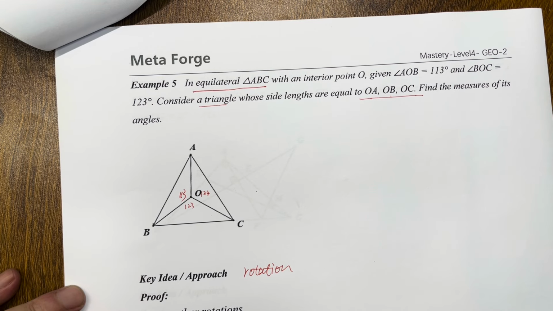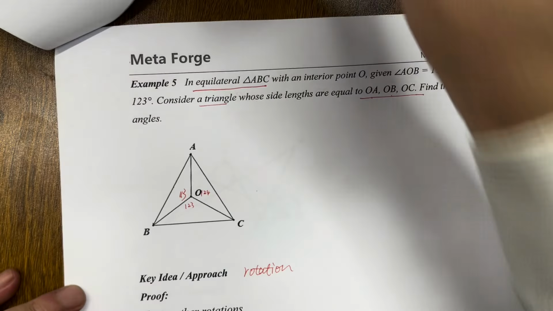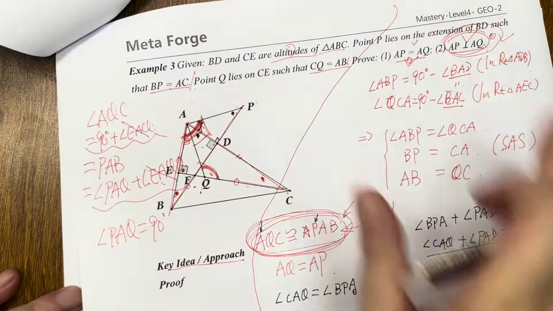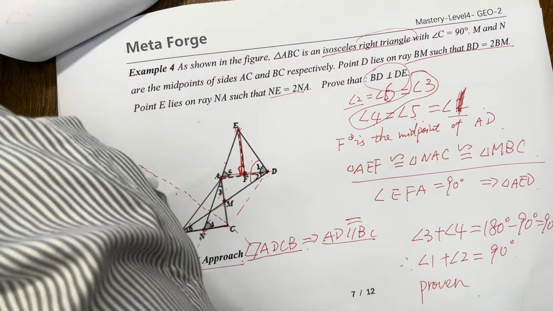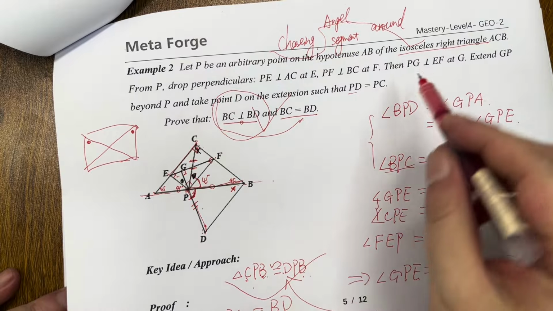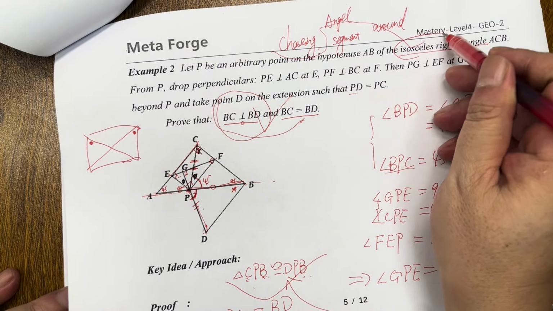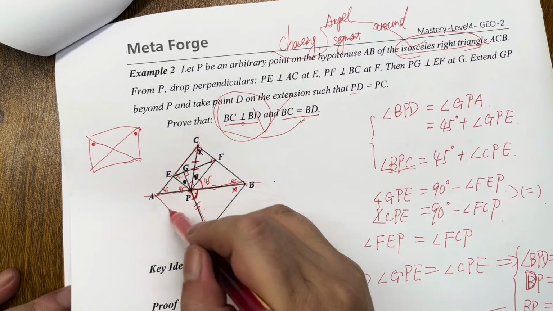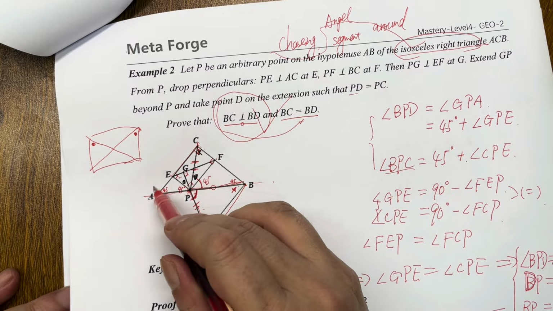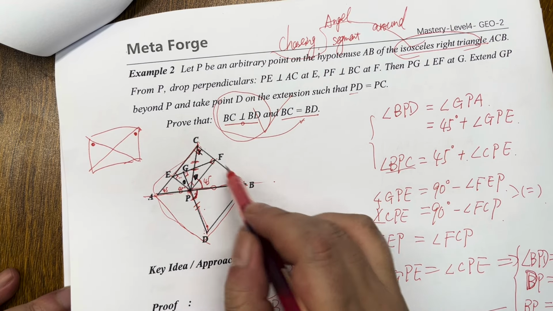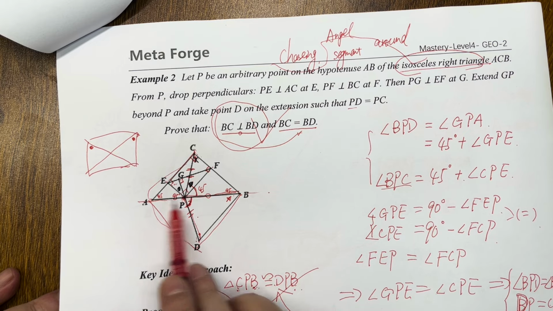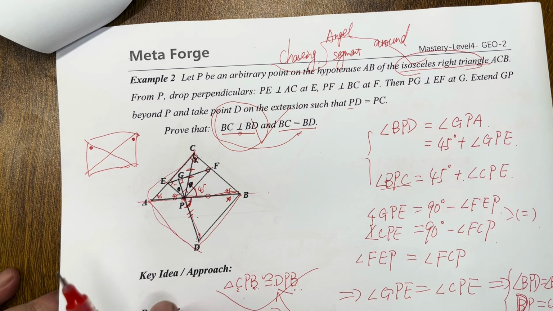Another scenario to use rotation is the isosceles right triangle, because it is half of a square. A square has 4 equal sides. Here there are 3 equal sides, and half of a square has 2 equal sides.